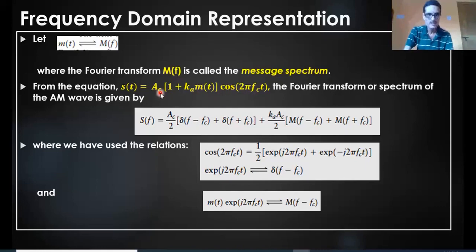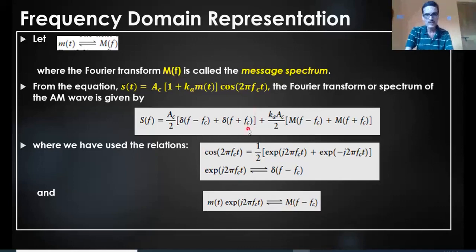What about the second term? We have the second term as Ac into Ka m of t cos 2 pi fc t, so Ka Ac by 2 is the term. Now just look at this. I have m of t multiplied by cos 2 pi fc t in the second part. Any signal multiplied by an exponential term is equivalent, in the frequency domain, to frequency shifting of the entire spectrum. m of t is represented as M of f, so it is simply M of f minus fc.